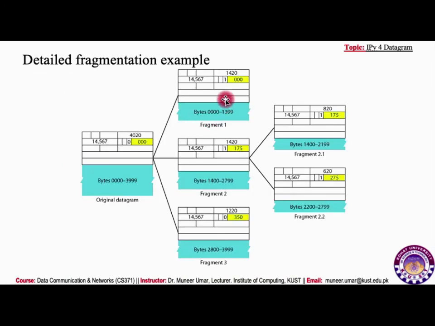Here, if you look into this fragment, M is 1 and this offset is also 0, so it indicates that this fragment is the first fragment. So if we don't have this value and we have only M equal to 1, then this would be either the first fragment or middle one, but not the last one.